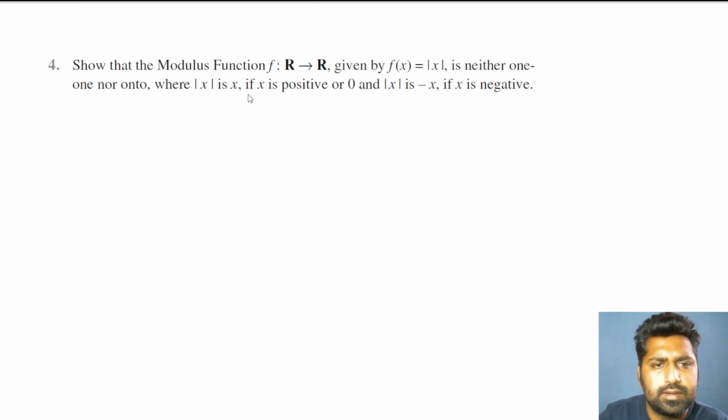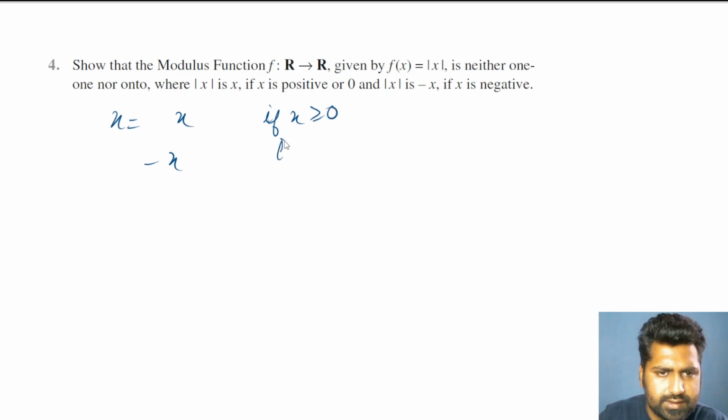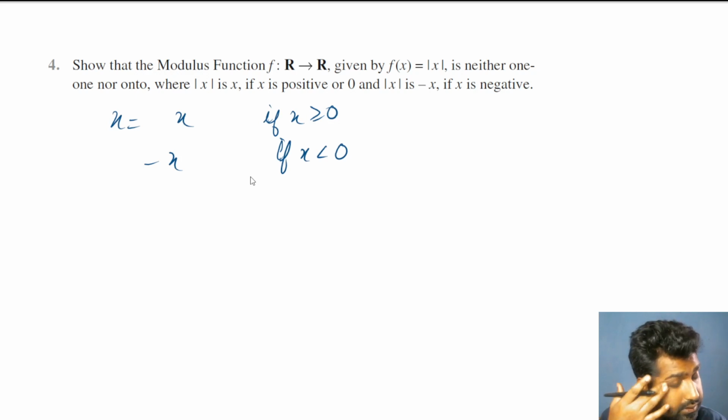Mod x is positive if x is positive or 0, and if x is negative it becomes positive too. So mod x is equal to x if x is greater than or equal to 0, and minus x if x is less than 0. Alright. In order to judge that, the domain and range, or codomain and range basically.